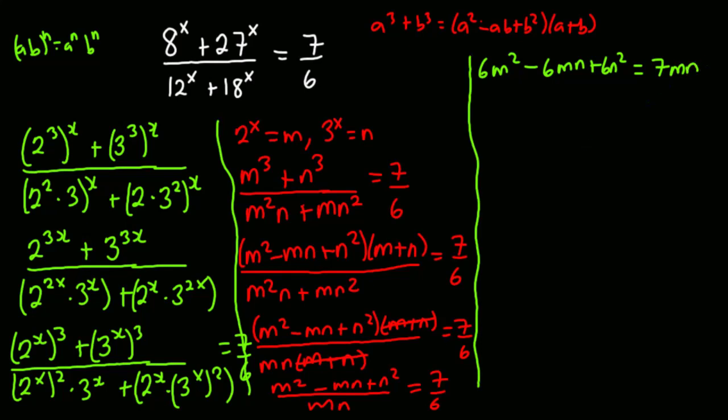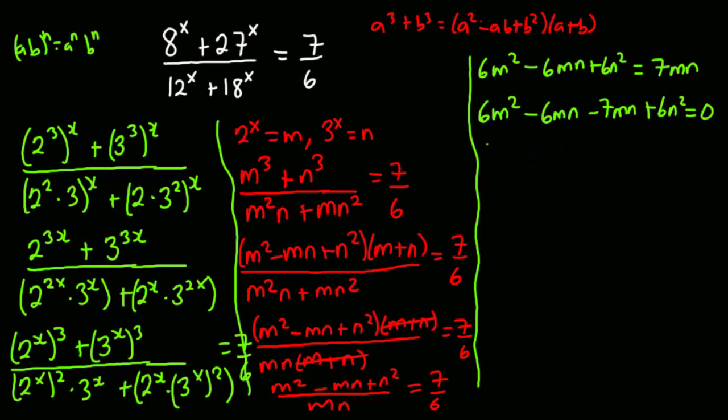And so what is going to happen is that we can see that this represents a quadratic equation, and so the right hand side must be 0. So I'm going to send the 7mn to the left hand side, and so that gives 6m squared minus 6mn minus 7mn plus 6n squared is equal to 0.